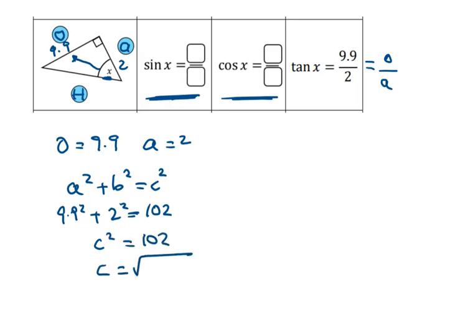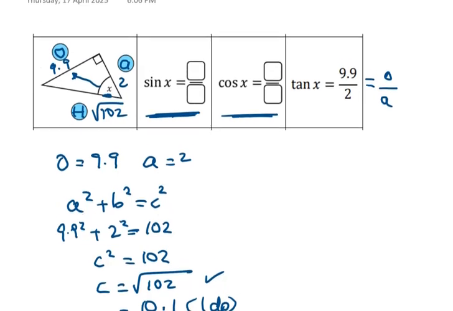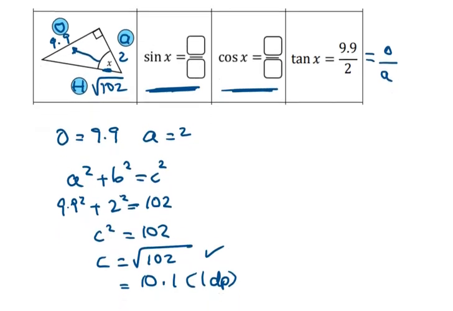So c is equal to the square root of 102. Or I could say that it's equal to 10.1 to 1 dp. I'm going to leave that in this case as the square root of 102 to get you used to working with exact values. Not all of the class has to be confident with that, but if you're going on to level 2 maths, it's a good thing to be not freaked out by surd signs.